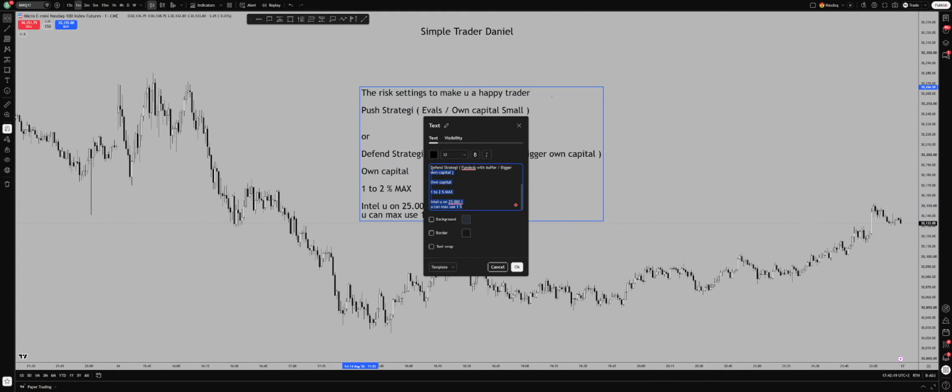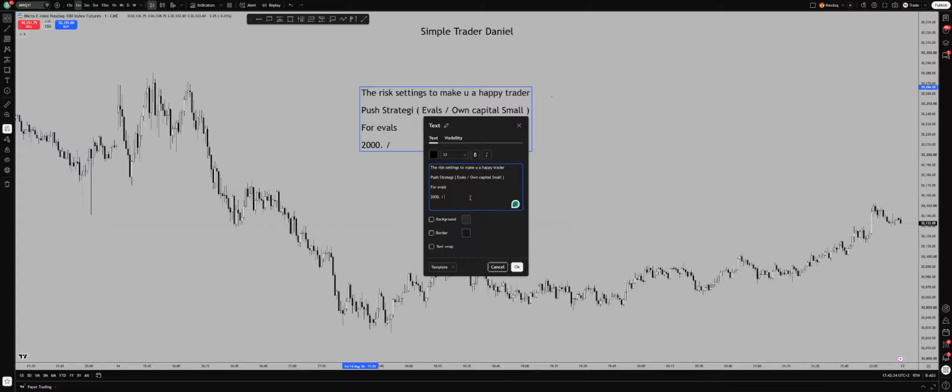But let's go into the push strategy. So the push strategy for evals: 2000, as we know before, divided by, what do we divide it by? We divide it by 5 to 7.